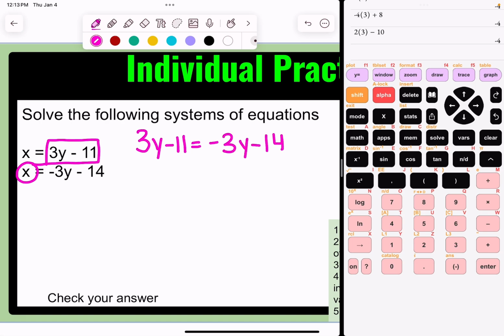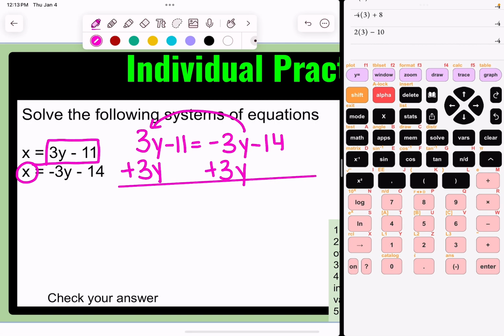I don't want that minus 3y there, so I'm going to add 3y to both sides. That allows me to get variables on just one side. 3y plus 3y is 6y, minus 11 equals -14. I just want to let you guys know, since both of them say x equals, that's why we were able to set them equal to each other.